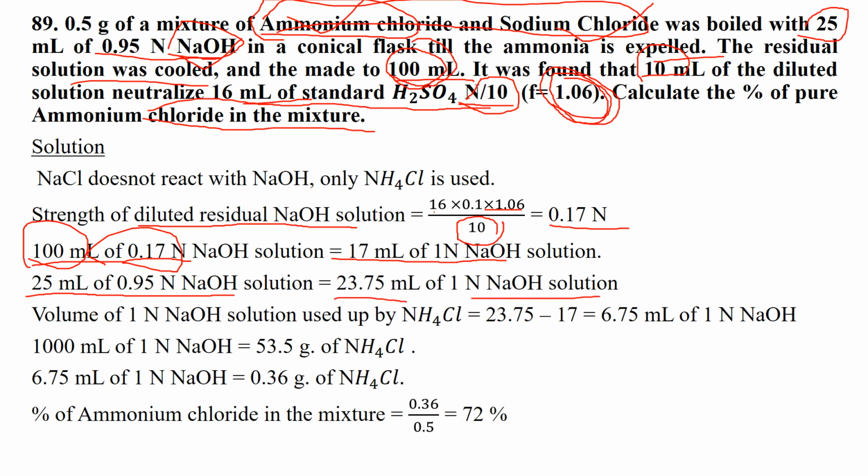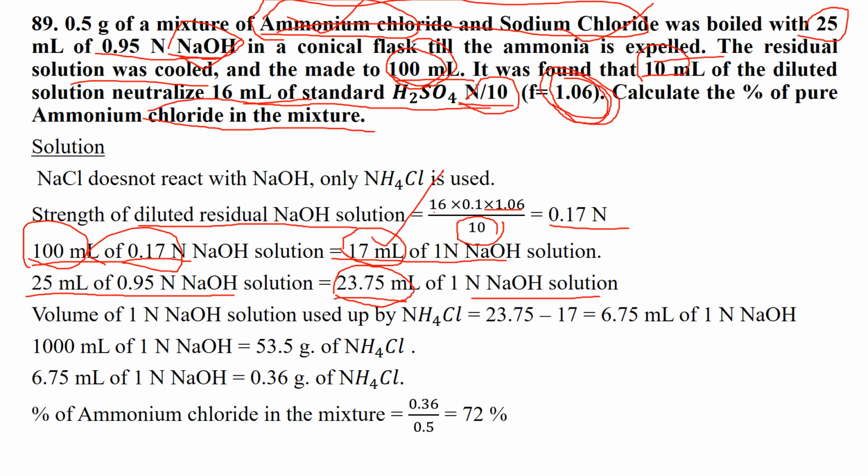So what is the initial volume of 1 N NaOH solution? 23.75. But the remaining volume will be 17 ml. So this 17 ml of NaOH solution remained after the complete reaction of NaOH with the ammonium chloride, right? This one is the remaining volume.